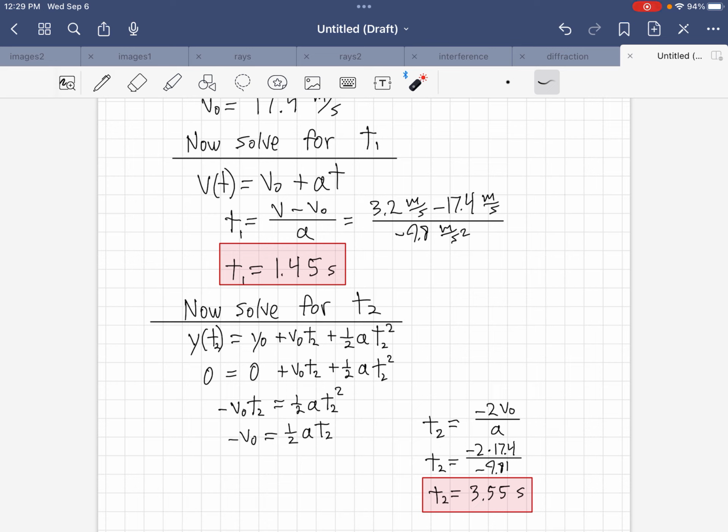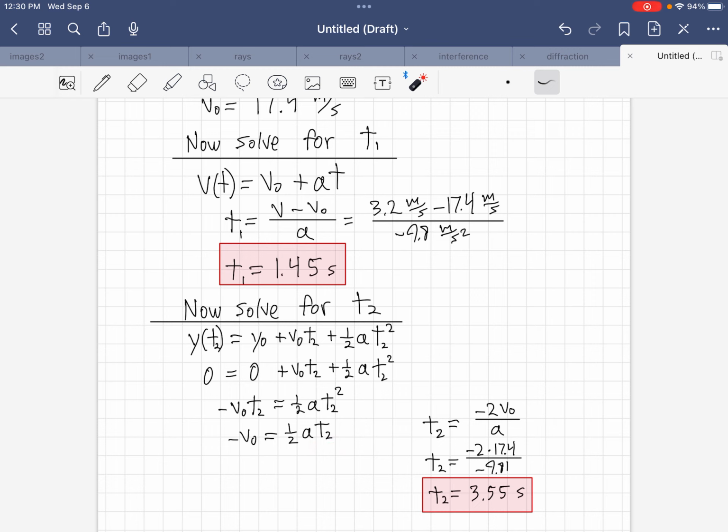So let's rearrange this equation. We're going to subtract v naught times t and put it on the other side. And we have v naught times t equals 1/2 times acceleration times t2 squared. Well, we have t on both sides. We can divide both sides by t, and t is going to cancel on this side, and then we no longer have t squared on that side.